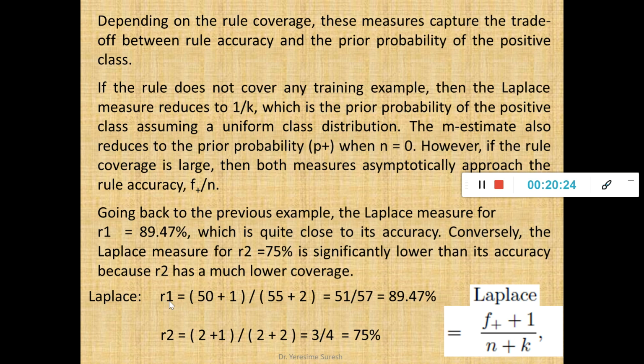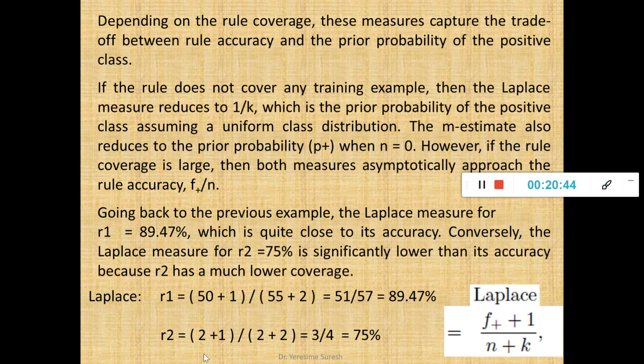So rule R1 Laplace value is 89.47%. Rule R2 it is 75%. So what the Laplace value indicates is that the value with respect to accuracy, 75, is very less when compared to rule R1.